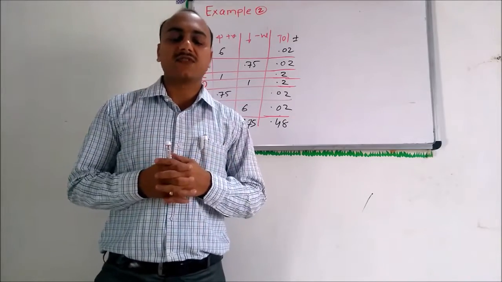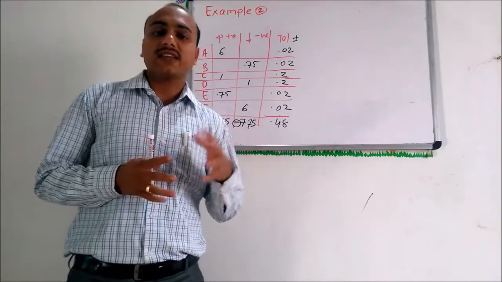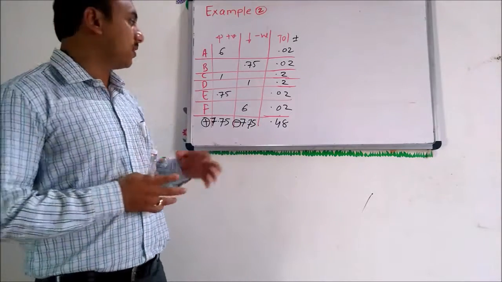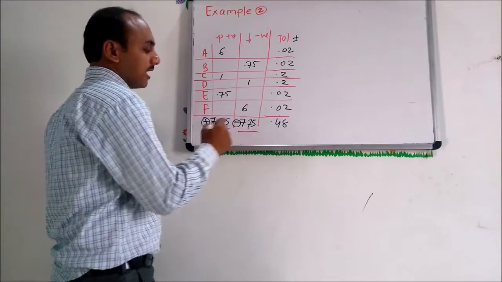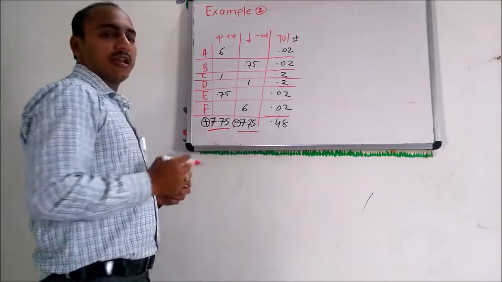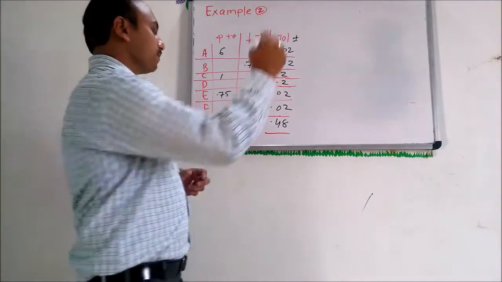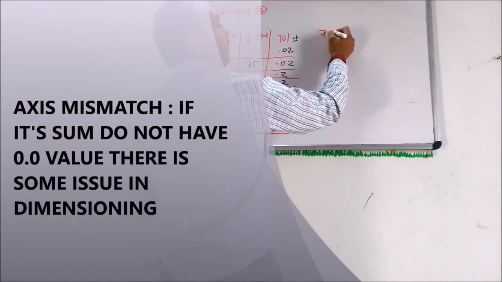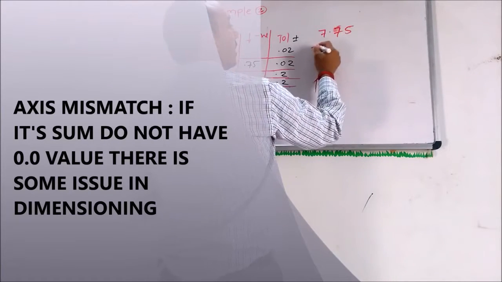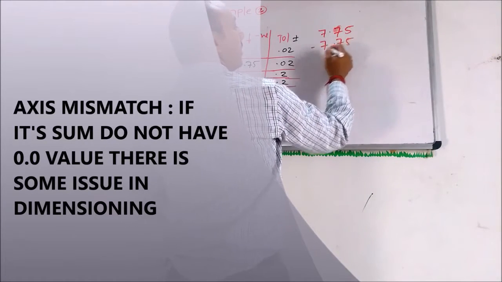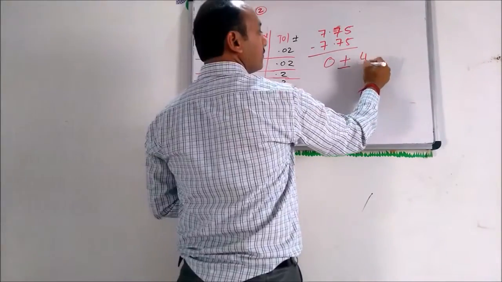In our case, as we are calculating the axis mismatch, the direction doesn't matter. As we have prepared the table, you can see the values, both are the same, one positive and one negative, and the tolerance there is 0.48. So 7.75 minus 7.75 is 0 plus or minus 0.48.